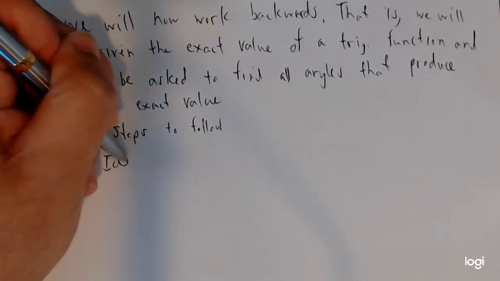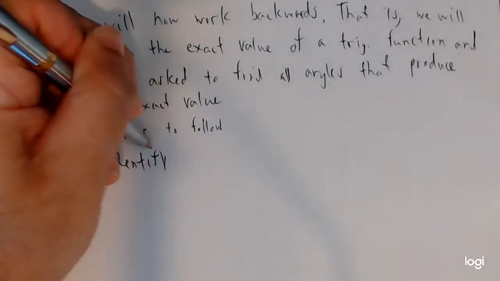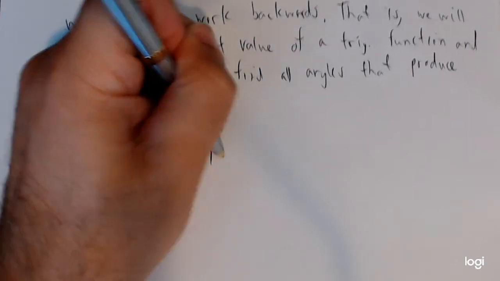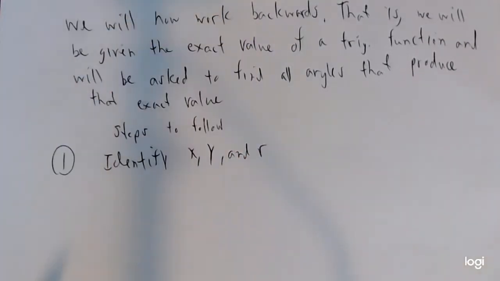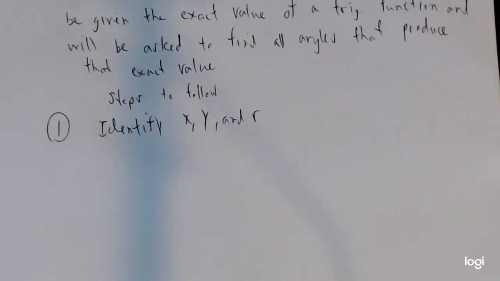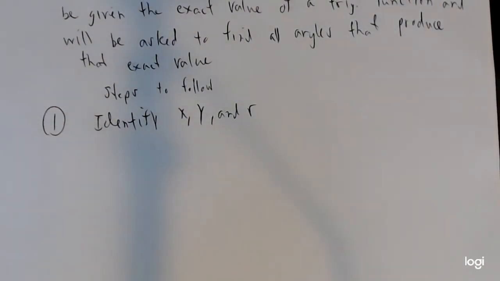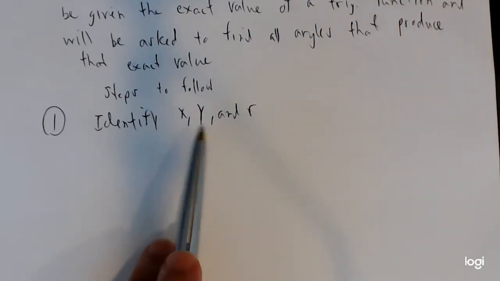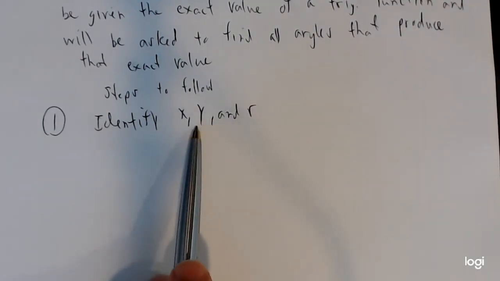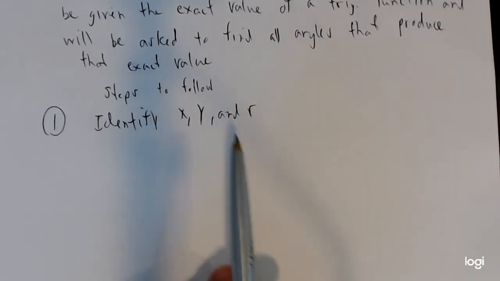We're going to identify x, y, and r, which hopefully makes sense because we're working backwards. Now it's like we've been given the information about the exact values, so we should be able to find x, y, and r first.